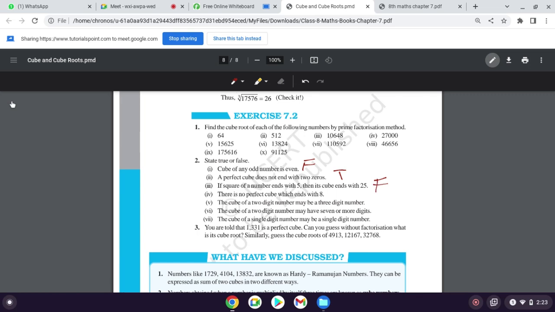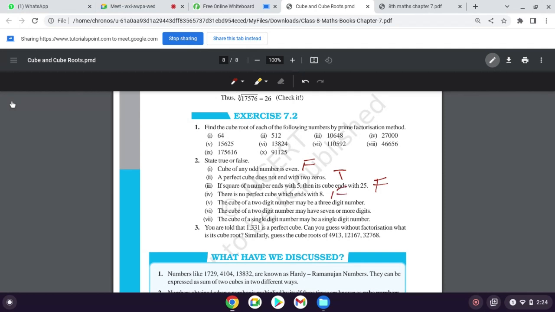Fourth one: there is no perfect cube which ends with 8. False. There are many cubes which end with 8, the cubes of all numbers having 2 at their unit place. For example, the cube of 12 is 1728. So that is false.